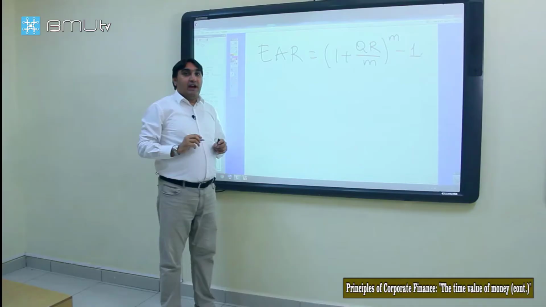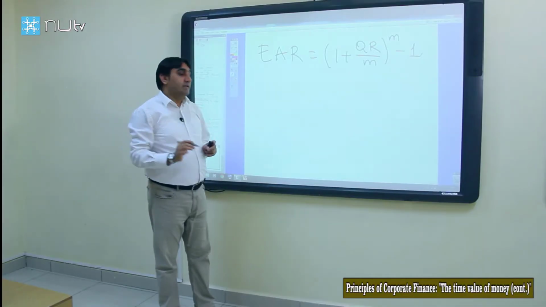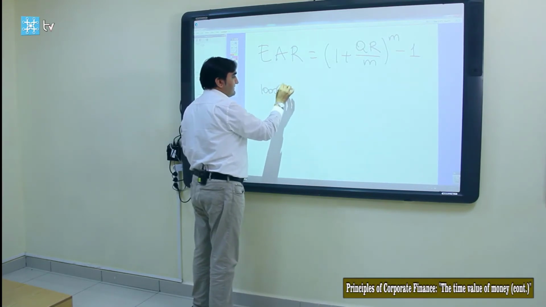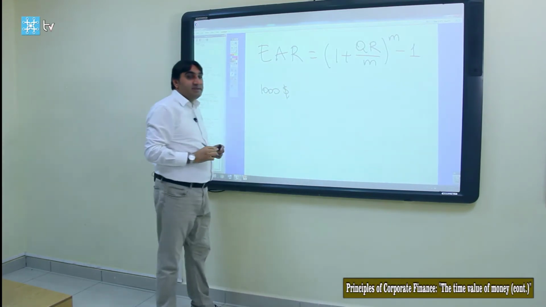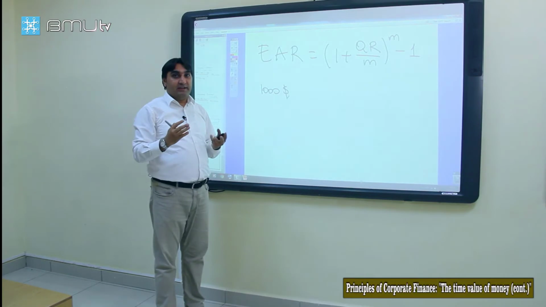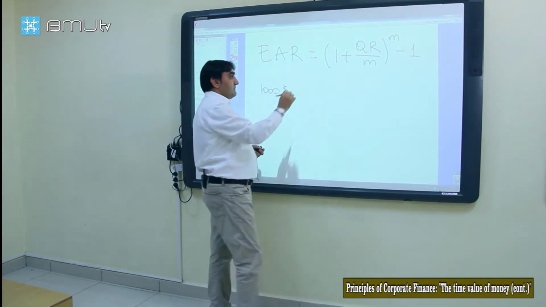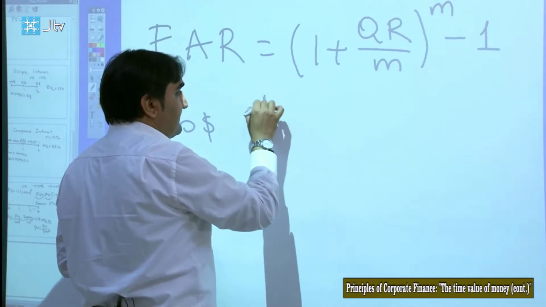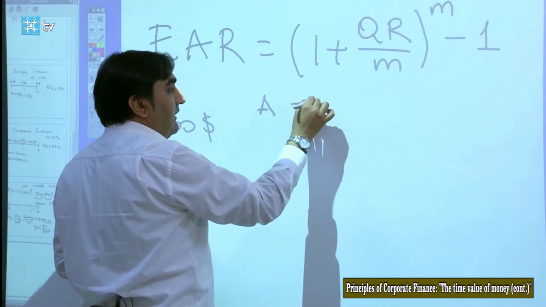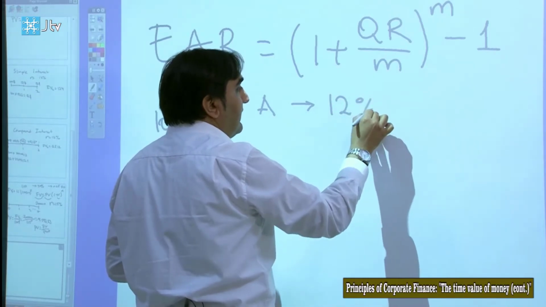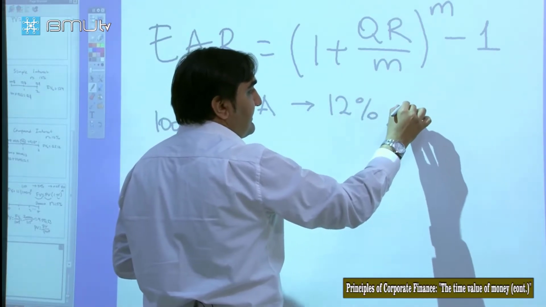Assume we have $1,000 of investment. We want to invest this amount into a bank, into a savings account. We have 3 banks. Bank A offers, for example, 12% compounded monthly.